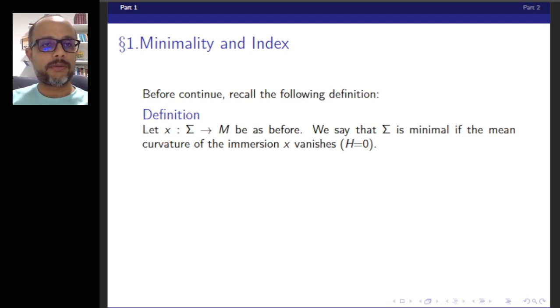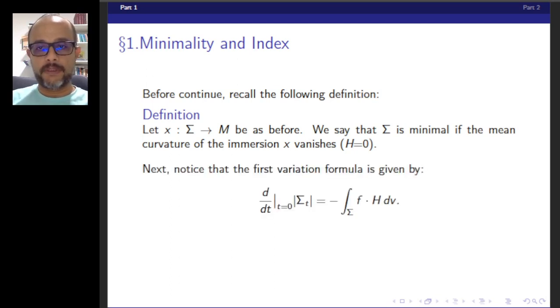And next, I will recall the first variation formula and notice that being minimal is a variational property. So the first variation formula is given by this expression, minus the integral of f times H, and it is simple to see that this expression vanishes if and only if the mean curvature is 0.